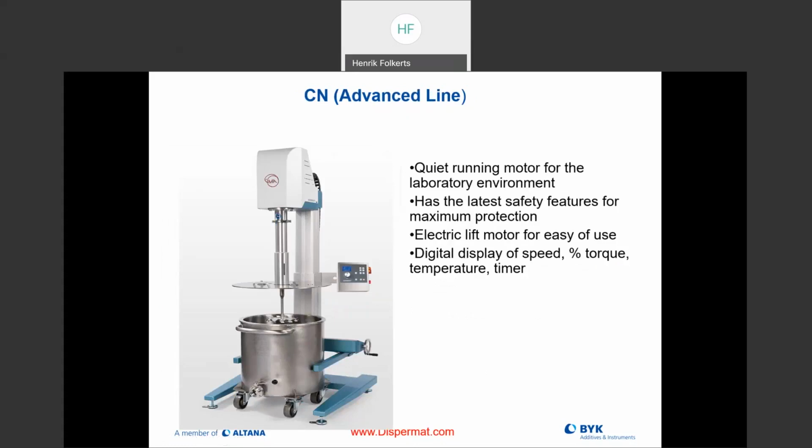And then we have those CM models again for pilot scale, same type of concept in terms of the control capability and readout, but for larger volumes; we can go up to 150 liters with our largest CN model.